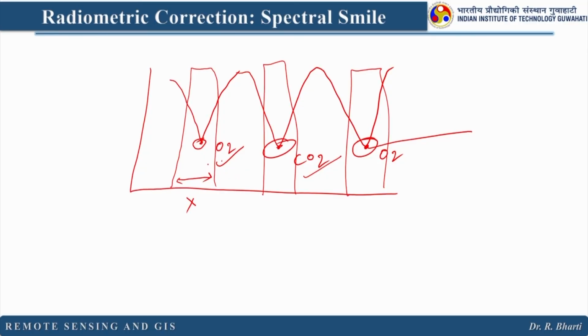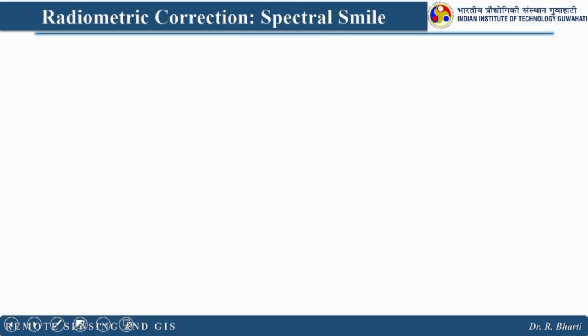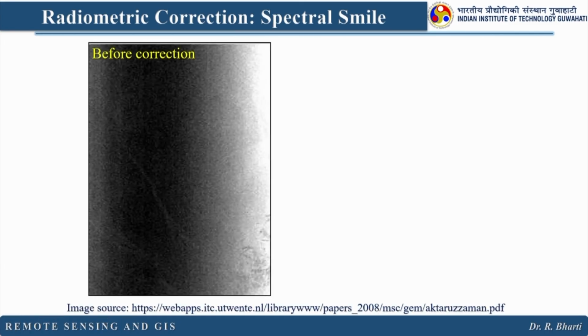So, what we will do, we will find this particular absorption in the other band, right, and if we find that okay this is coming here and which was supposed to be here, we will use all these signatures of oxygen, carbon dioxide and ozone, and we will recalibrate the wavelength, right. So, like this we are calibrating the wavelengths.